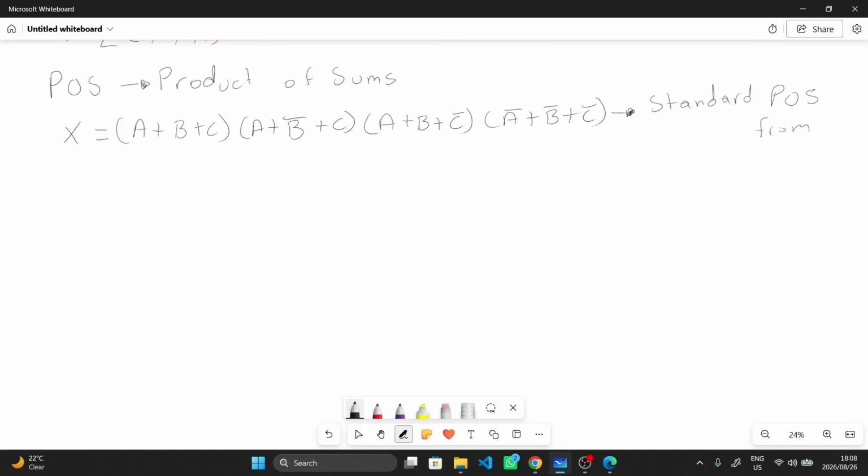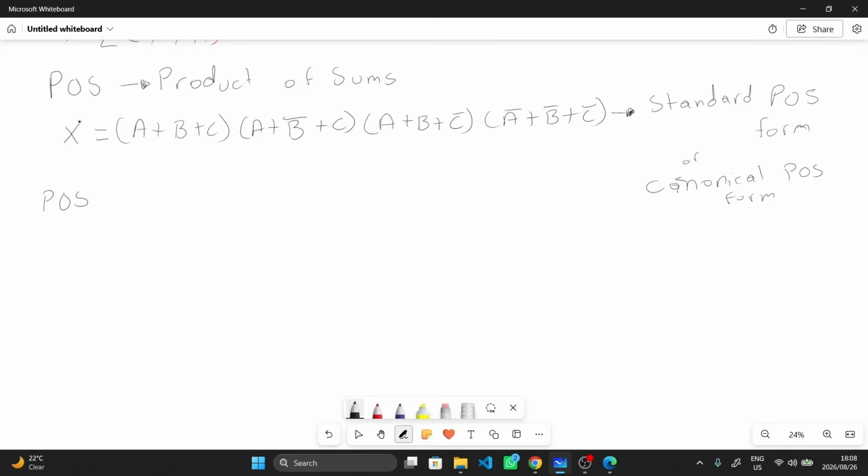Or you can say it's a standard canonical POS form. Right. So in POS, remember it in a much easier way. Just remember POS is opposite of SOP.